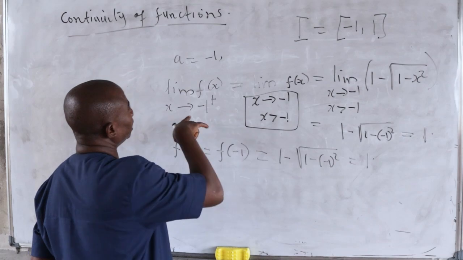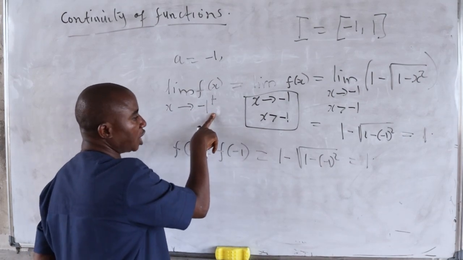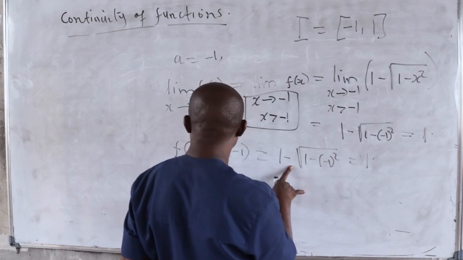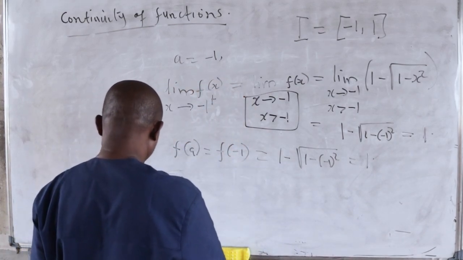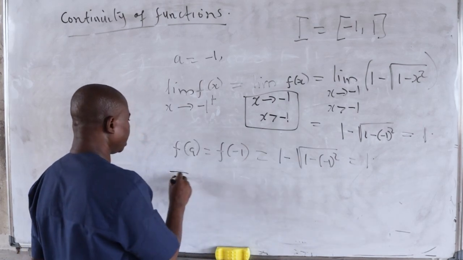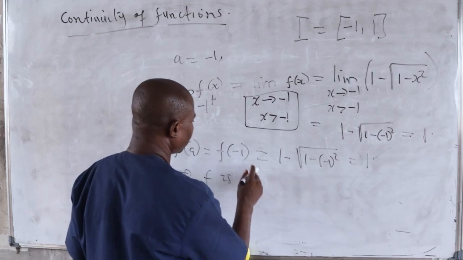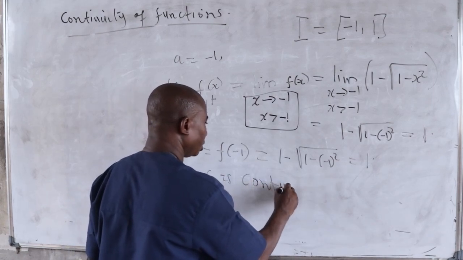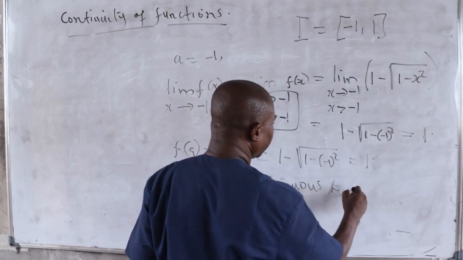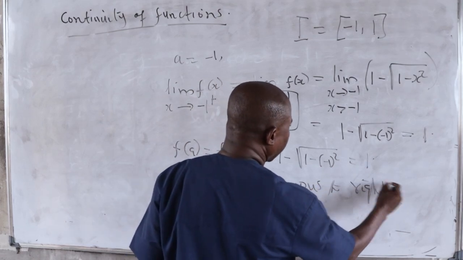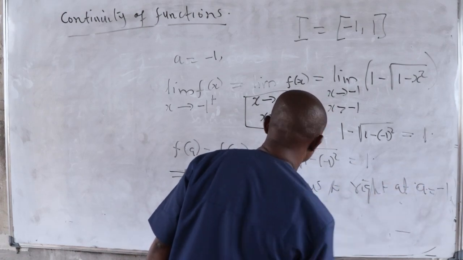And so, since the right-hand limit of this function at the point -1 is equal to f of -1, we conclude that f is continuous to the right at a equal to -1.